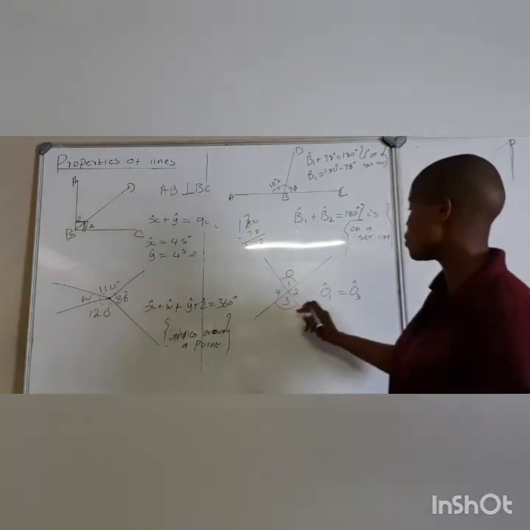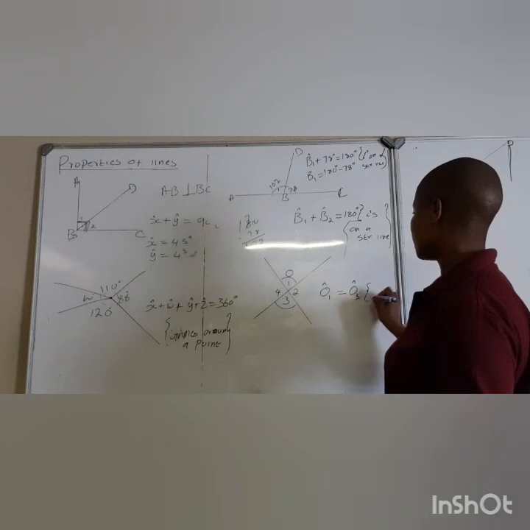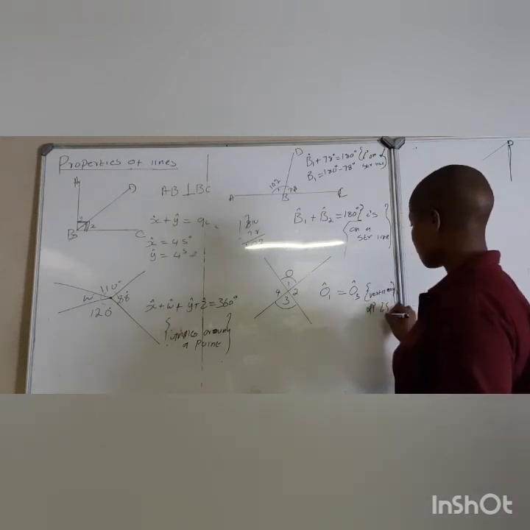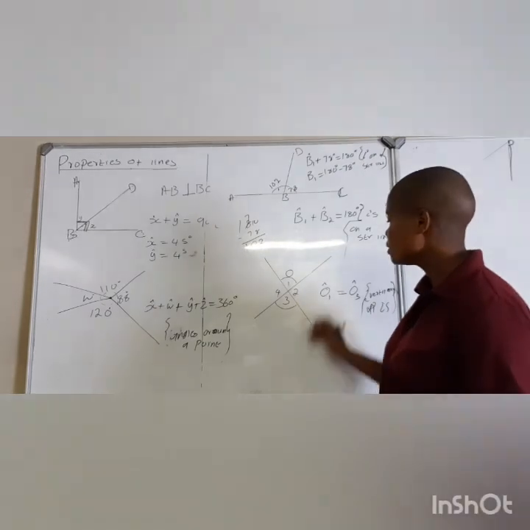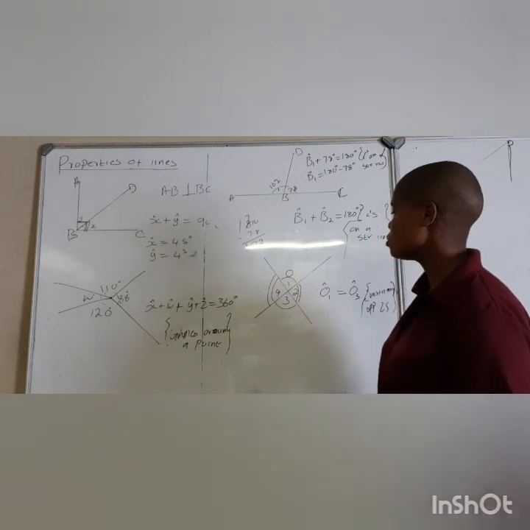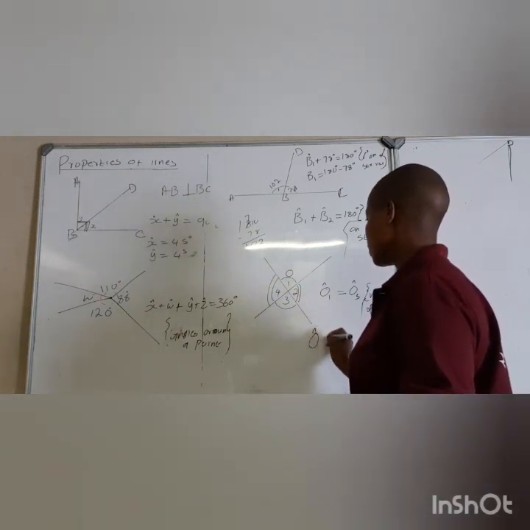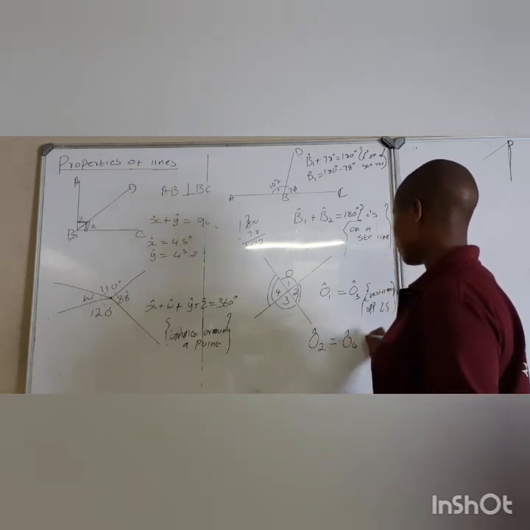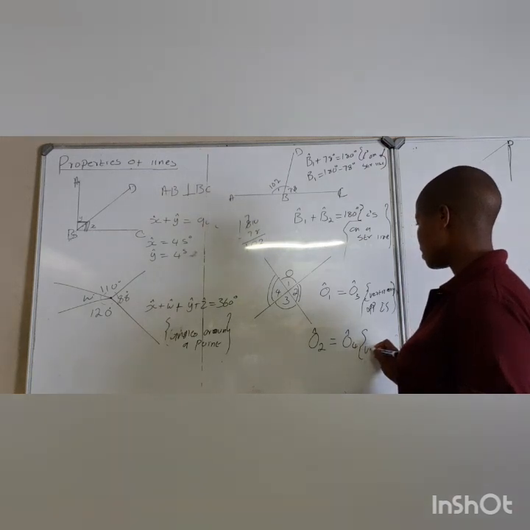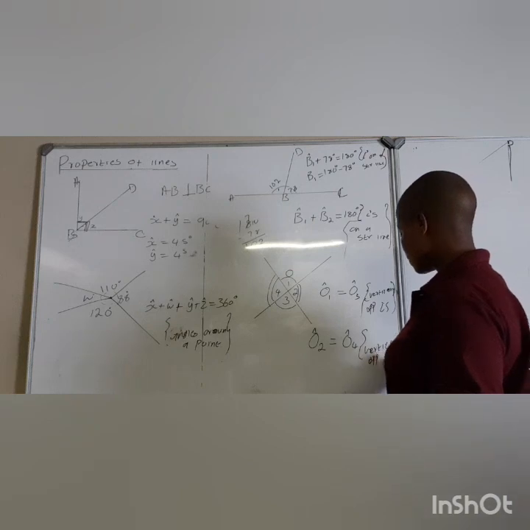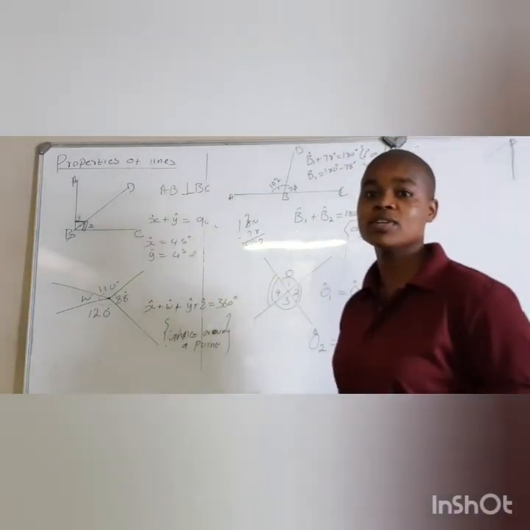Then O2 is vertically opposite to O4, therefore angle O2 is equal to angle O4. What is my reason? They are vertically opposite angles.